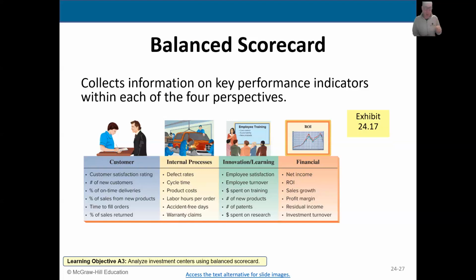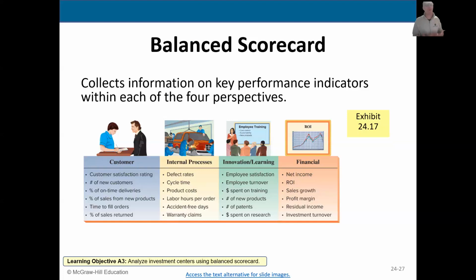We look at four primary areas in a balanced scorecard: customers, internal processes, research and development, and financial information. Those are the four areas we look at. You'll notice it combines financial and non-financial information together.